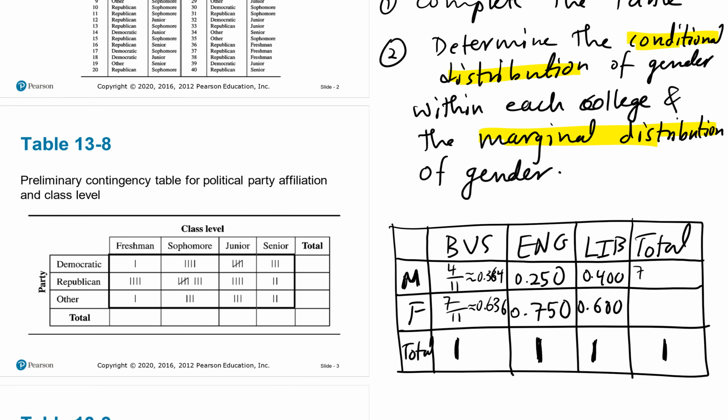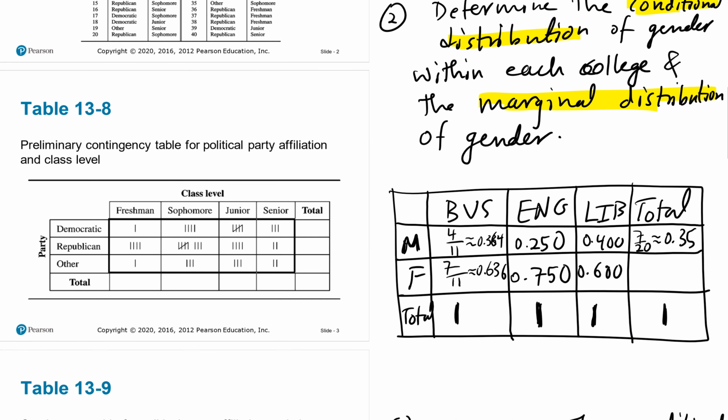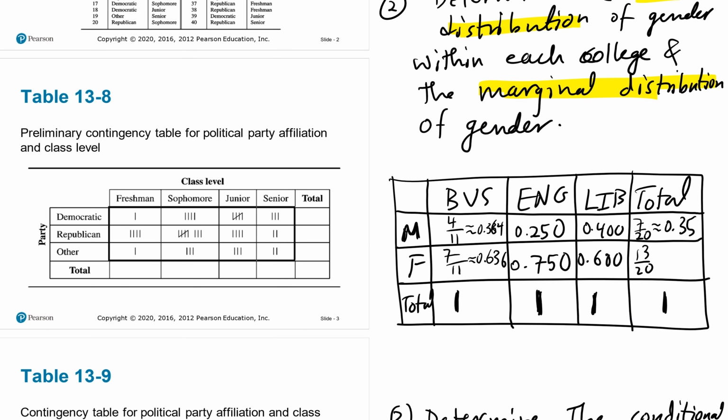Because we're dealing with the total, 7 over 20 gives us 0.35. How many females in total? We have 13. 13 divided by 20 gives us 0.65. If you add them up you get 1, or you can say 20 divided by 20, so that's 1.